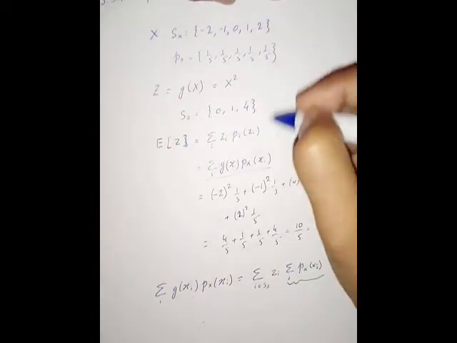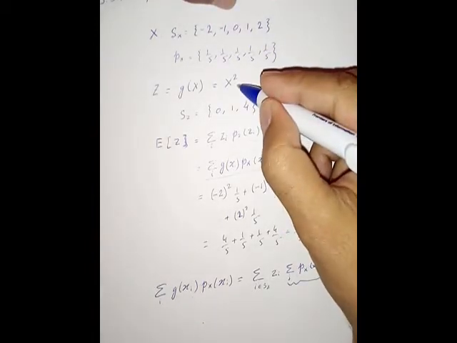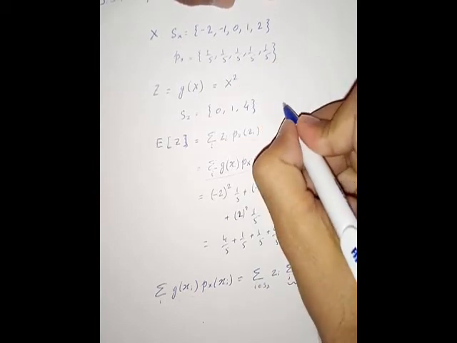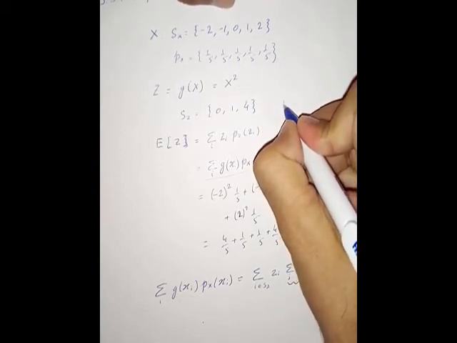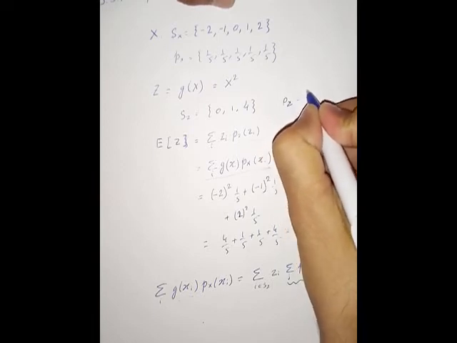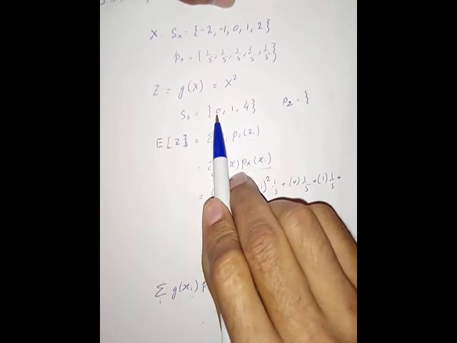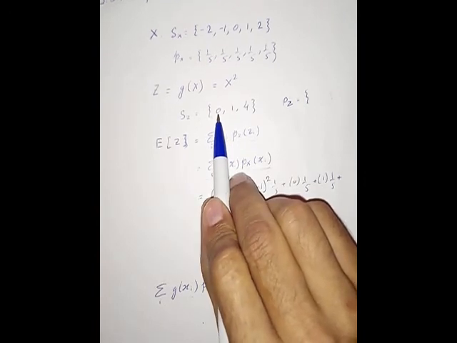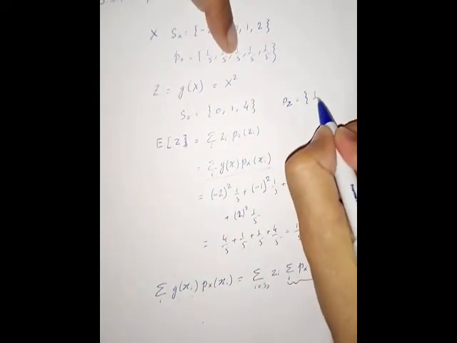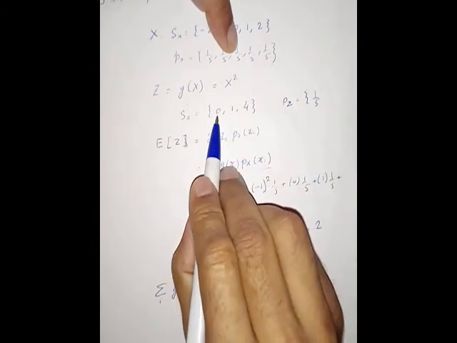Because our example is simple, it is easy to see how to calculate the PMF of z. What is the probability of getting a 0? Z will only be 0 when x is 0, and x is 0 with probability 1 over 5. So the probability of z equal to 0 is also 1 over 5.